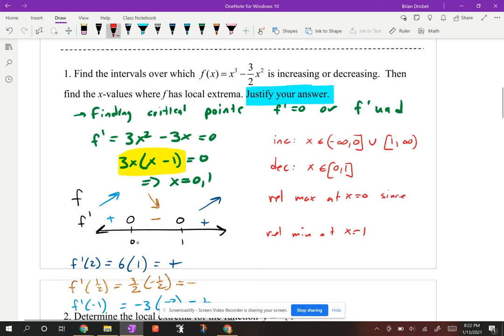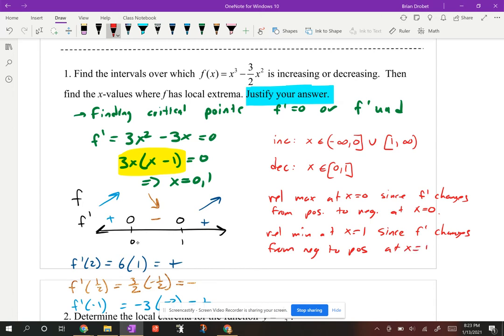So since f prime changes from positive to negative at x equals 0. That is the exact wording you need to use. How do I know there's a minimum at 1? Because f prime changes from negative to positive at x equals 1.